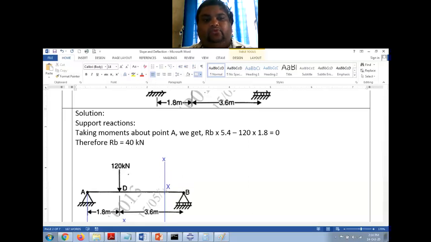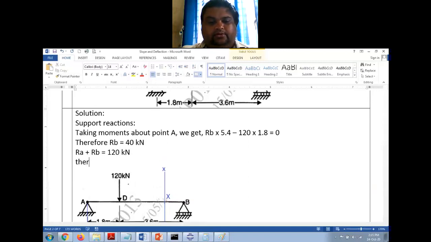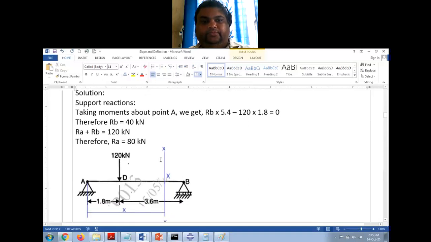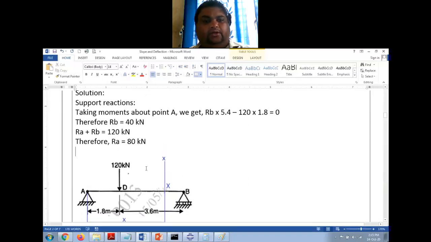Now, sum of all the forces is equal to 0. RA plus RB should be equal to, there is only one force, 120 kilonewton. Therefore, RA is equal to 120 minus 40, so it will be 80 kilonewton. Okay, so I got my support reactions.